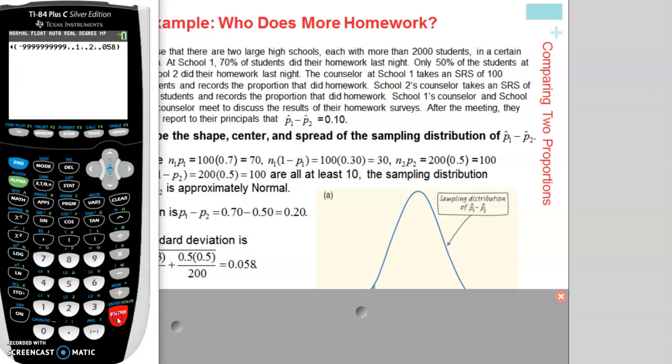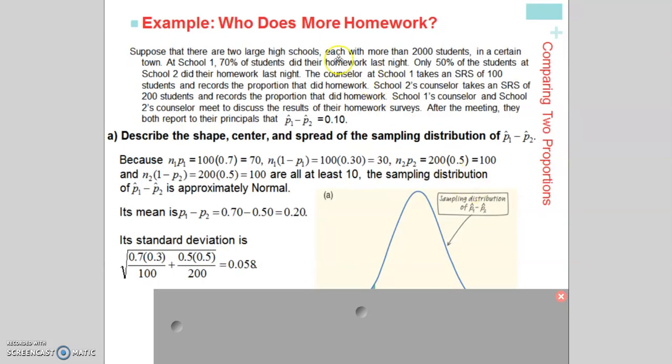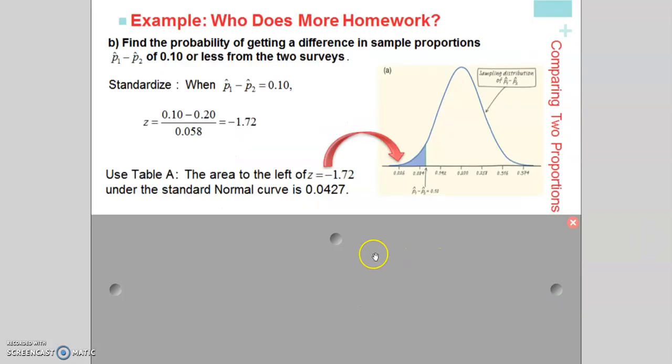So I find the area for that distribution, you'll notice, is about 0.04, about 4%, and that's exactly what table A gives as well. So that tells us that there's only about a 4% chance of getting a value that small if this right here and right here is what's true about these schools.